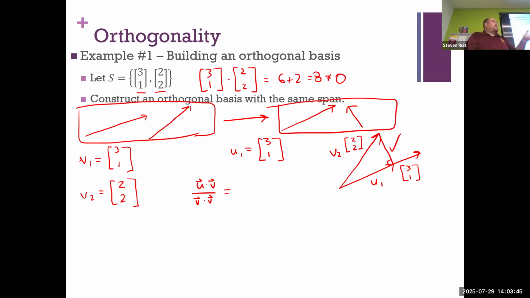But I can't keep the old vector 2 because it's not orthogonal to vector 1. That's why I'm trying to decompose (2, 2) into these other pieces. You suggested doing U1 dot V1 and U1 dot V2. I don't really need to do U1 dot V1 because I just took that vector as is. So let's rewrite what I'm doing here. I'm going to do U1 dot V2 and divide that by V2 dot V2.